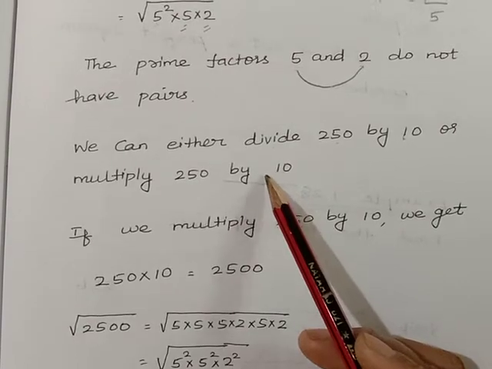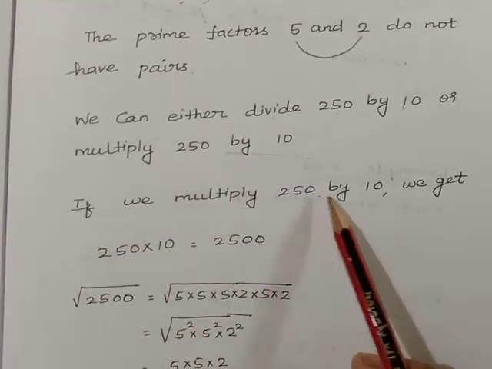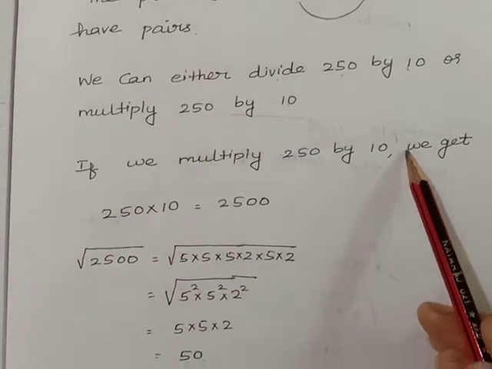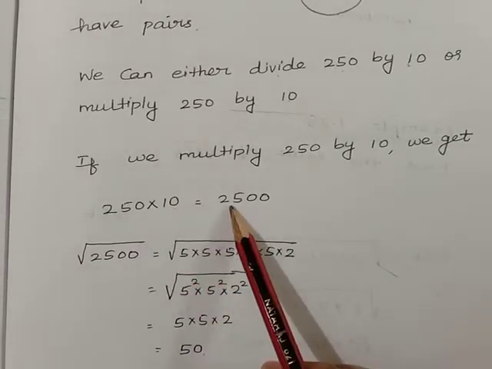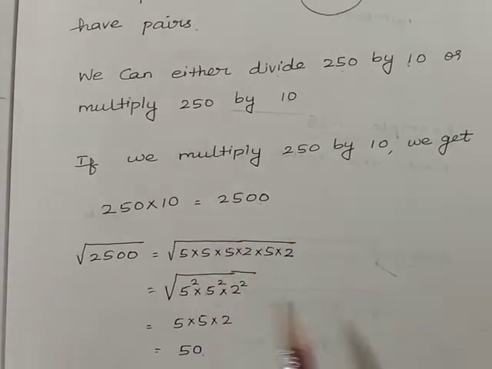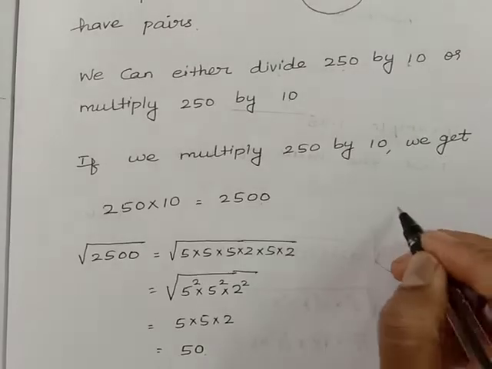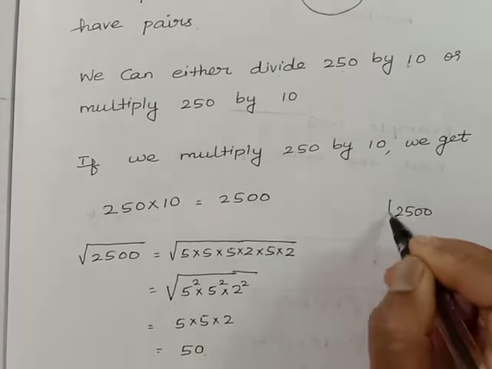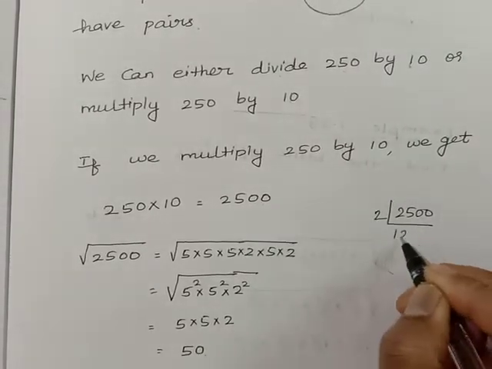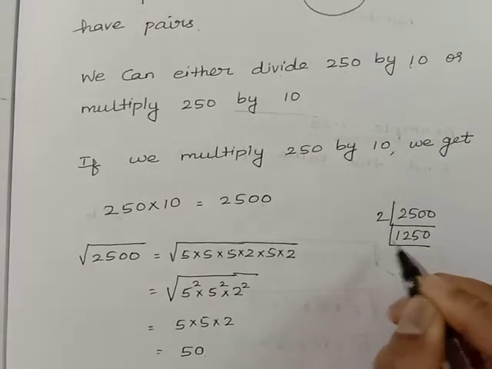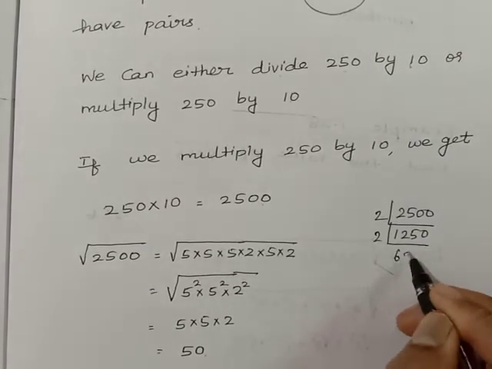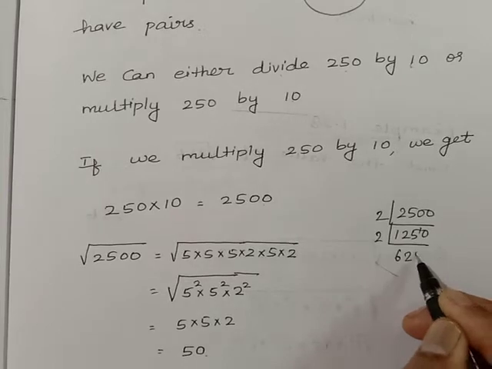Now we'll multiply. If we multiply 250 by 10, we get 2500. So 2500 by the prime factorization. Again by 2, 6 2s are 12, 2 2s are 4, balance 1, 5 2s are 10.